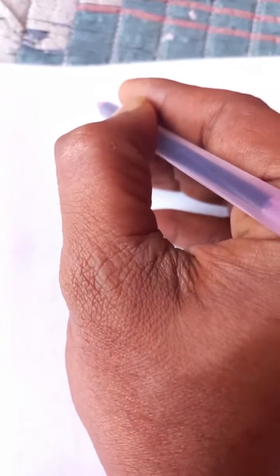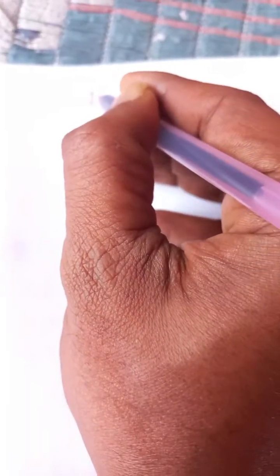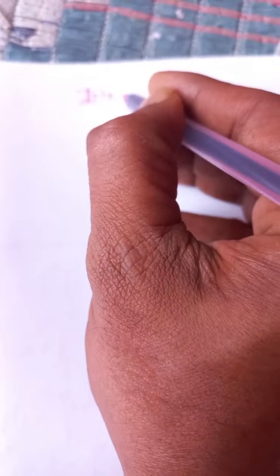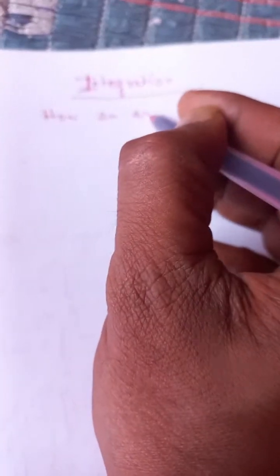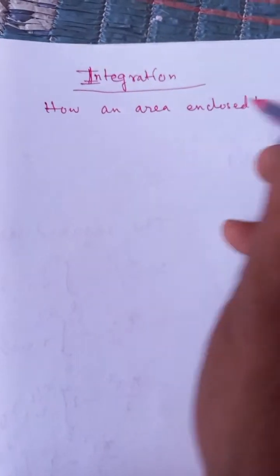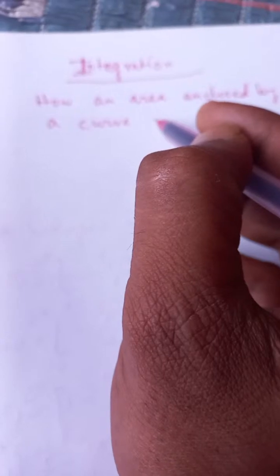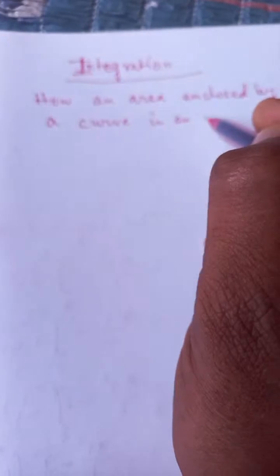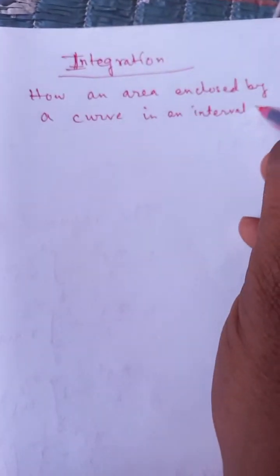Today I will discuss integration: how an area enclosed by a curve in an interval AB can be found out.